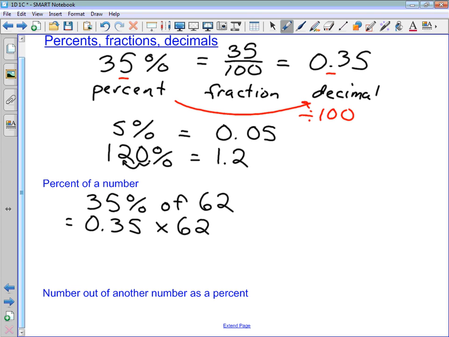So 35% of 62 becomes 0.35 times 62. I can't do that kind of math in my head, so I pull up my calculator here, 0.35 times 62, and it tells me that the answer is 21.7. Okay. So it's a good idea to have a calculator handy when you're doing this section.